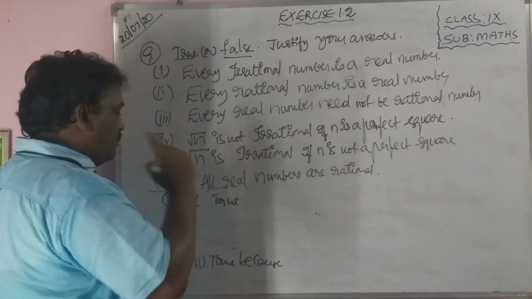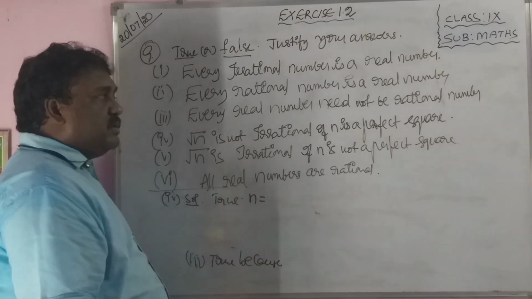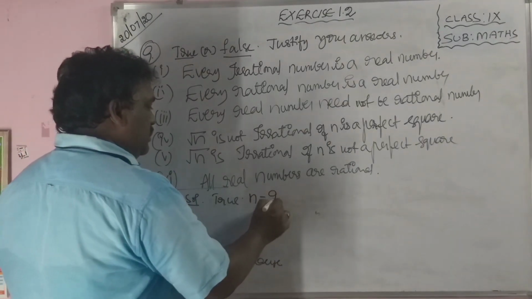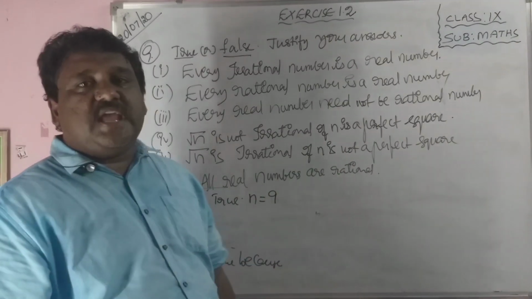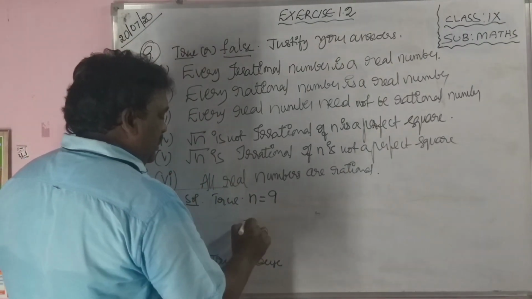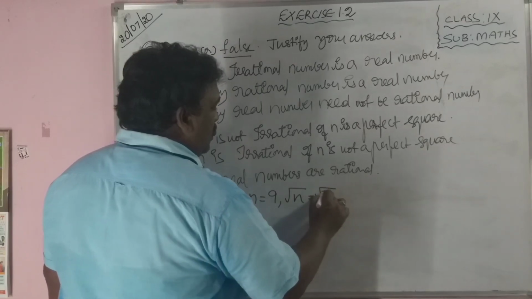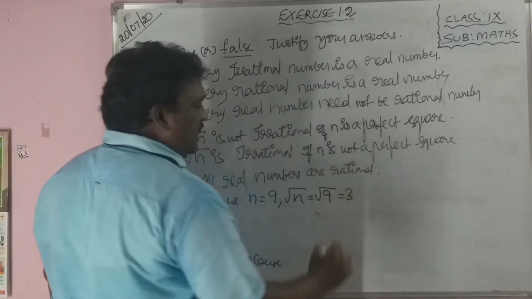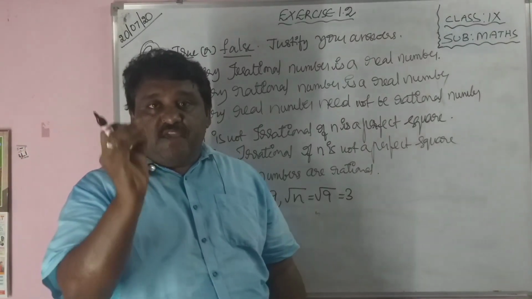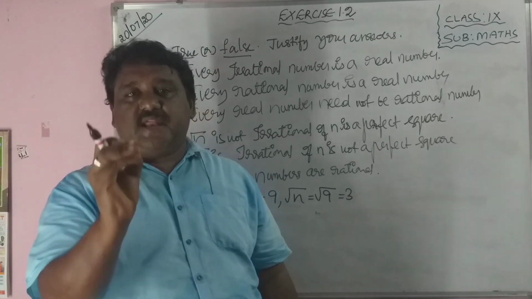Let us take one example. Let us take n value as a perfect square. Let us take n value 9. Find out root n value. Root n equal to root 9 equal to 3. It is what? Rational number. So, if n is a perfect square, then root n is a rational number.